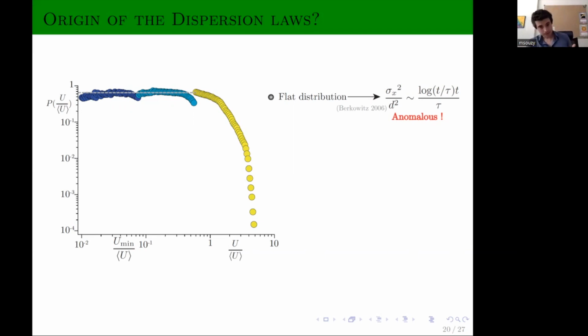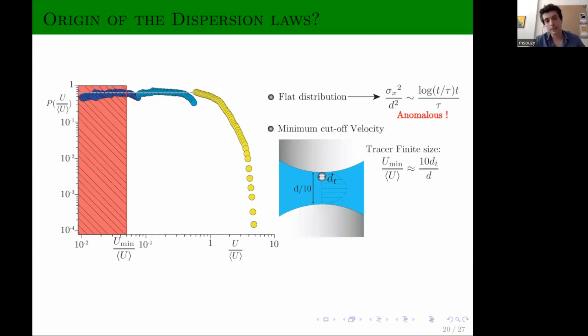To solve it, we have to invoke the fact that in our experiment, there is always a minimum cutoff velocity, which is fixed by the size of the tracers that are exploring your media. Typically in our experiment, the tracers that we were using are very tiny, but still not tiny enough to explore extremely close to the solid phase boundaries, where you have these extremely tiny flow velocities. So they cannot explore the whole range of the velocity distribution.